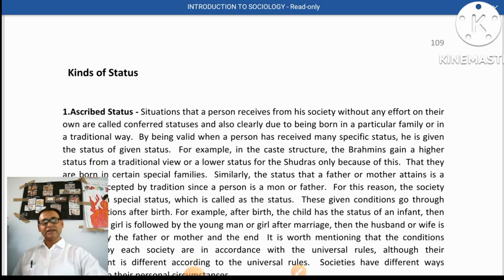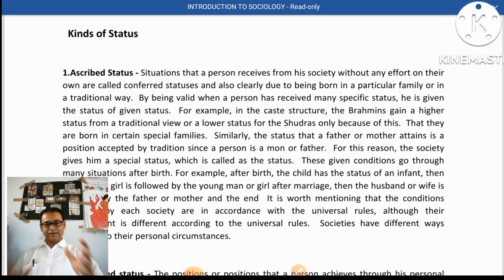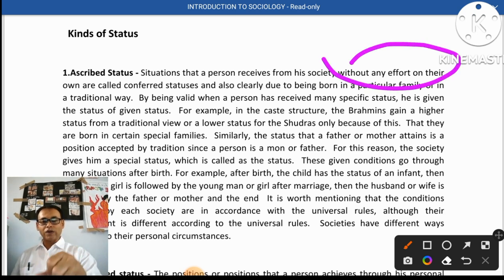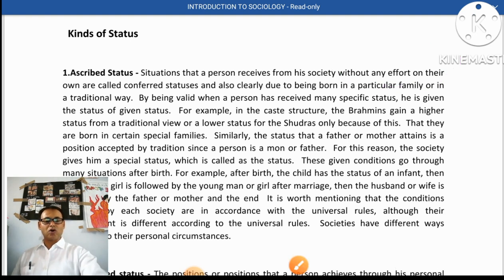Kinds of status. I already discussed that there are two kinds of status: ascribed status and achieved status. Ascribed means a status a person gets by birth, a status that a person receives from society without any effort of their own, called conferred or ascribed status. It is given due to being born in a particular family or in a traditional way.